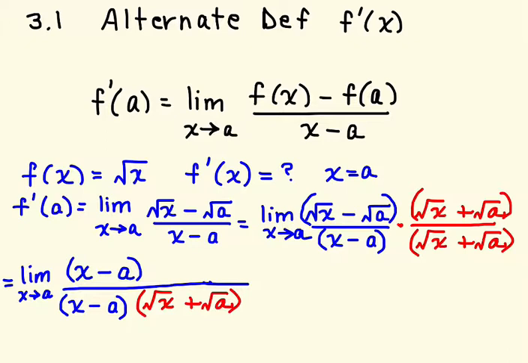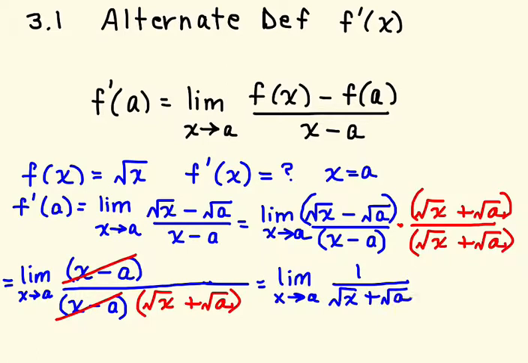Yeah. What I should have done is left the denominator alone because the x minus a cancels out, right? My mistake. Okay, so this is actually equal to the limit as x approaches a of 1 over the square root of x plus the square root of a.